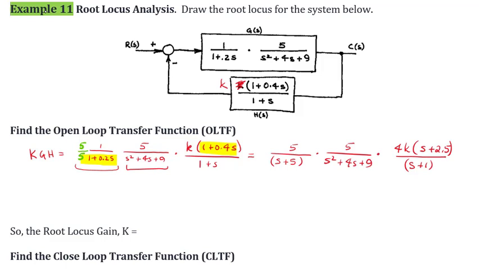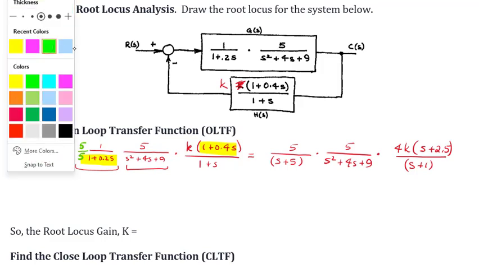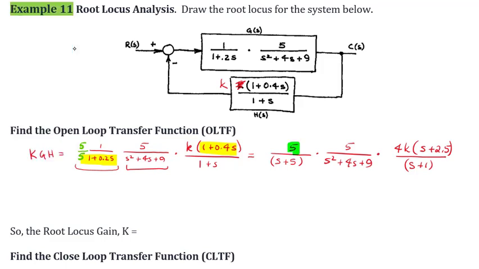So the root locus gain, capital K, if we look at that, I'll use a different color, I'm going to use green, the 5, 5, and the 4k. So the root locus gain is going to be 5 times 5 is 25 times 4 is 100 little k.